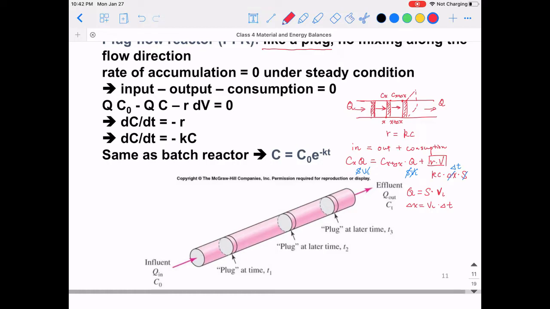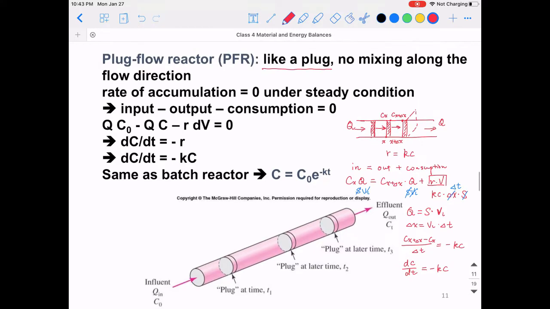You can see that we have the relationship of C(x plus delta x) minus C(x), divided by delta t, equal to minus kC. On the left hand side, if delta t goes to 0, then we have exactly dC/dt equal to minus kC, right? So this is basically how we can build up an equation that describes this PFR, plug flow reactor, system.